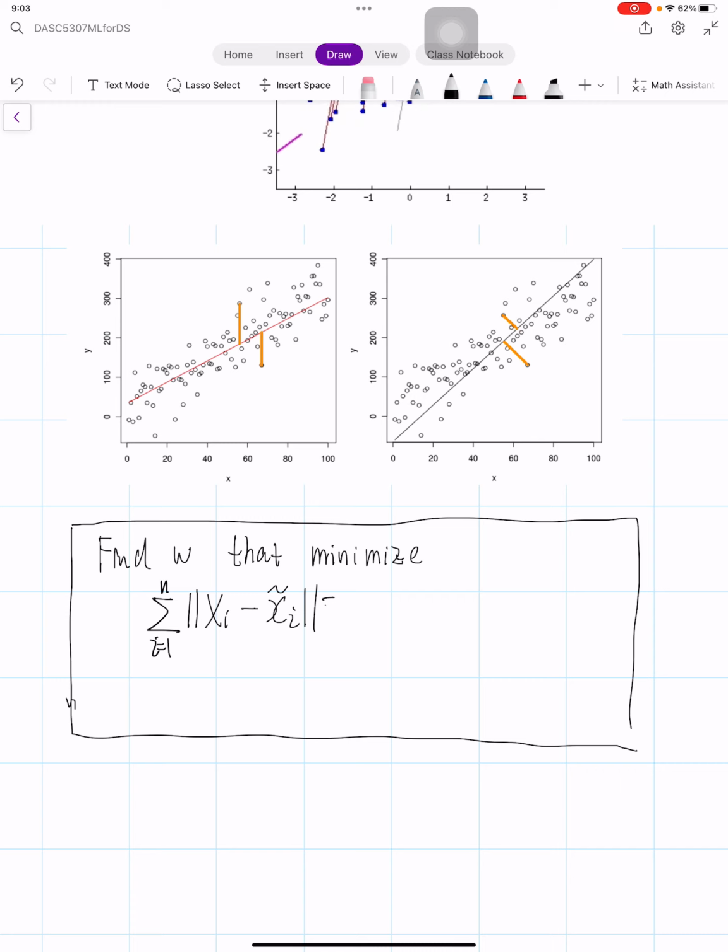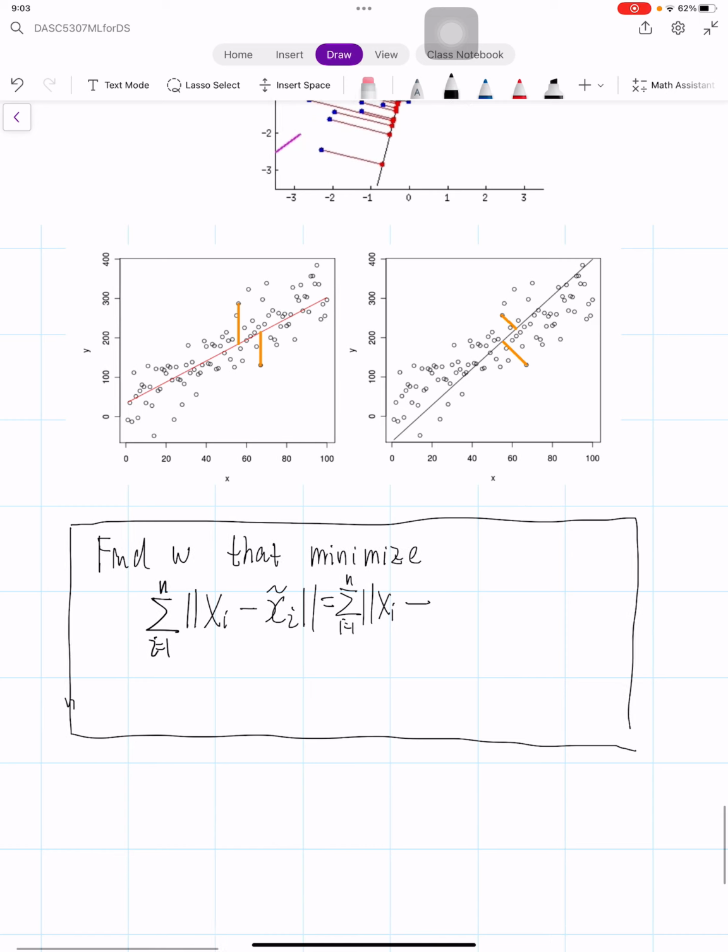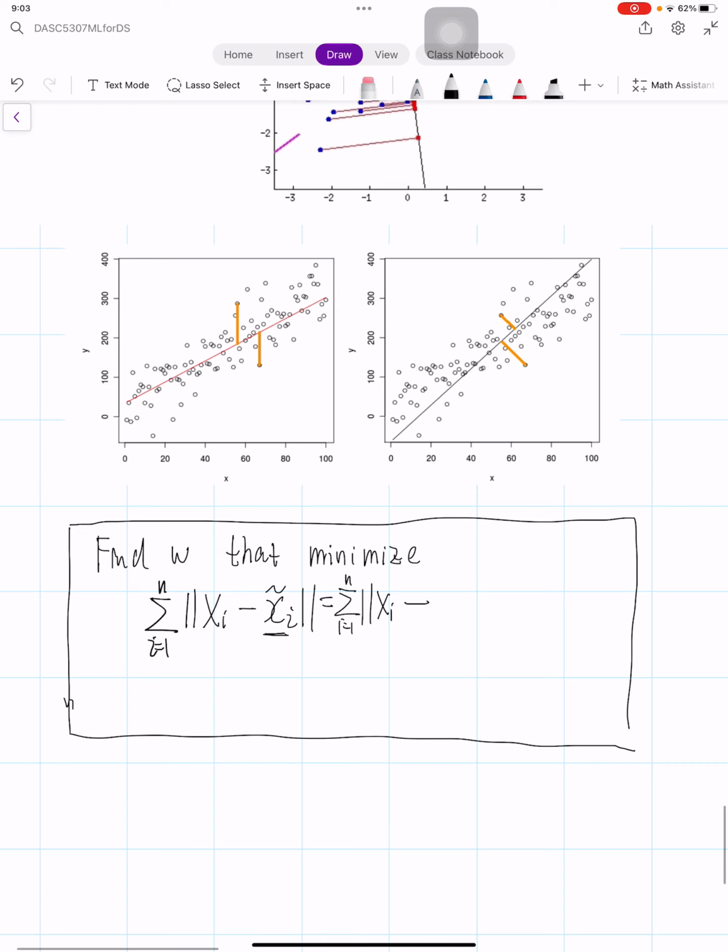We can rewrite this as the summation over i from 1 to n of xi minus its projection. We know how to find this projection point: it's xi inner product with w, divided by the norm of w squared, times w. We normalize it and then square.